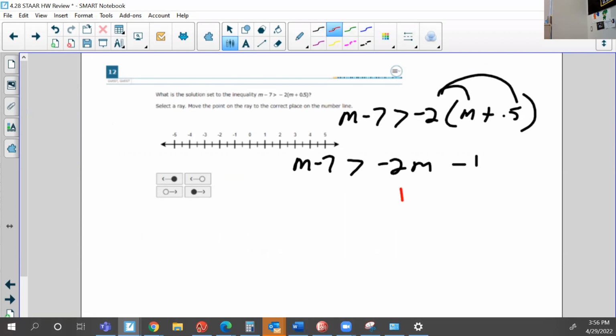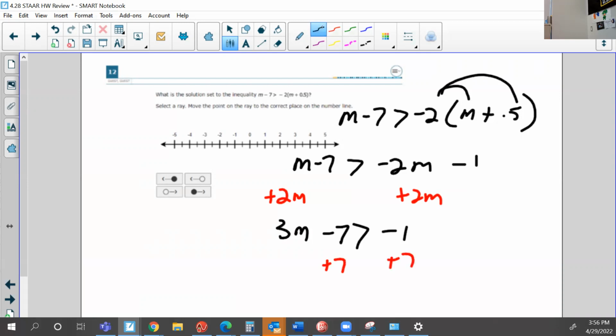I'm going to add 2m here, plus 2m there. So that's going to give me 3m minus 7 is greater than negative 1. And then I add 7 on both sides.